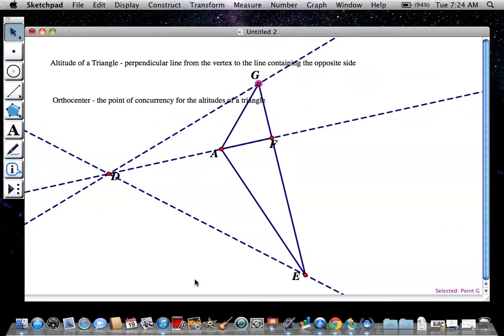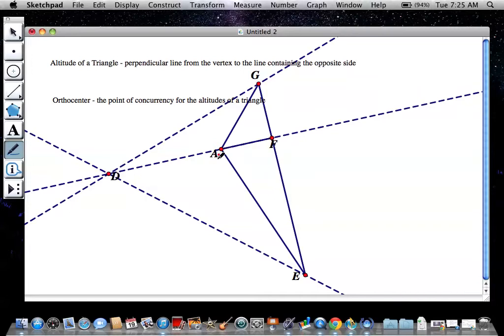Now, you're wondering how can you draw a height of a triangle outside of it? Well, remember, the altitude of a triangle says a line containing the opposite side. So it doesn't have to be inside. So look, E here, if I draw a line from E towards this actual segment here of GA, it's never going to form a right angle.